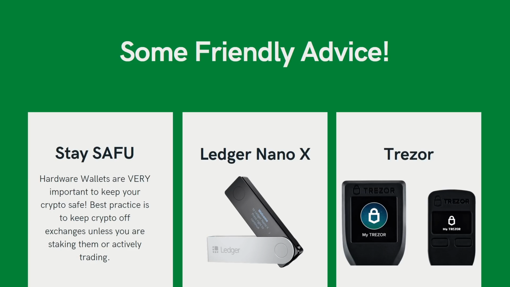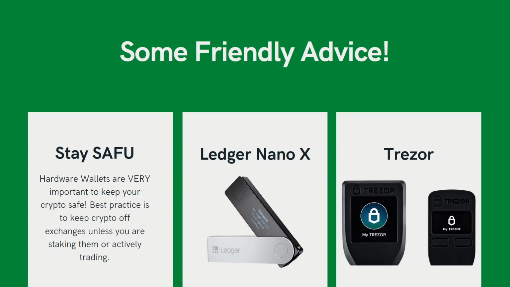So here's some friendly advice real quick before we move on. If you have a lot of money in crypto, especially money that you are not actively using to make more money, i.e. trading bots, that type of stuff, you should really do yourself a favor and get yourself a hardware wallet to keep those funds safe. It's not safe, technically, if they're stored on exchanges, because exchanges can be hacked at any time. If you have funds that you will lose sleep over, I really recommend getting a hardware wallet to get those funds off of those exchanges.